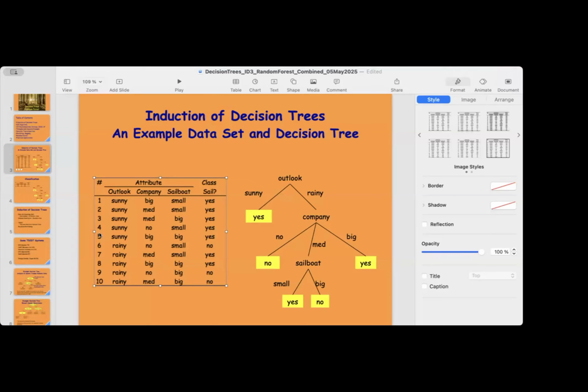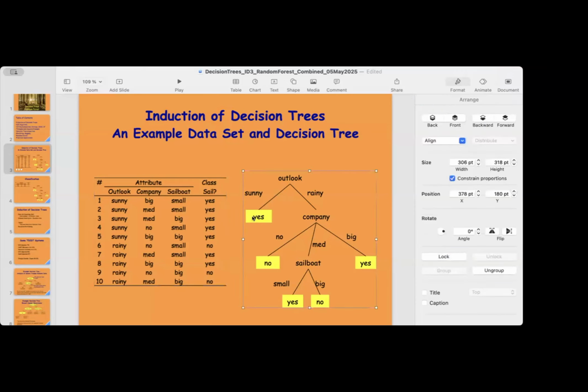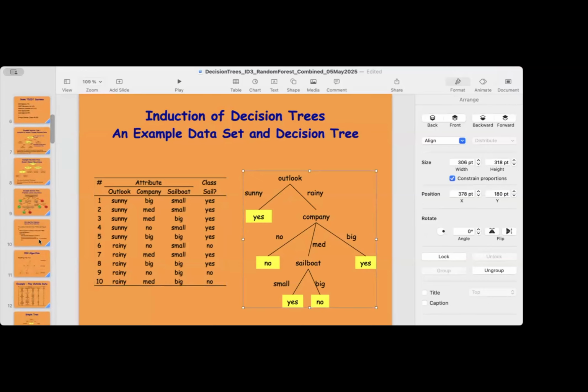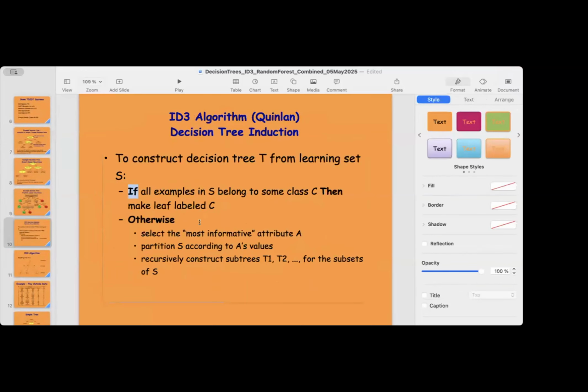Objects 1 through 5 have the sunny property, and also have class label equal to yes. This means that we make a leaf and we're done with this side of the tree. This is what the algorithm is saying here. If all of the examples belong to the same class, then make a leaf and label it C.